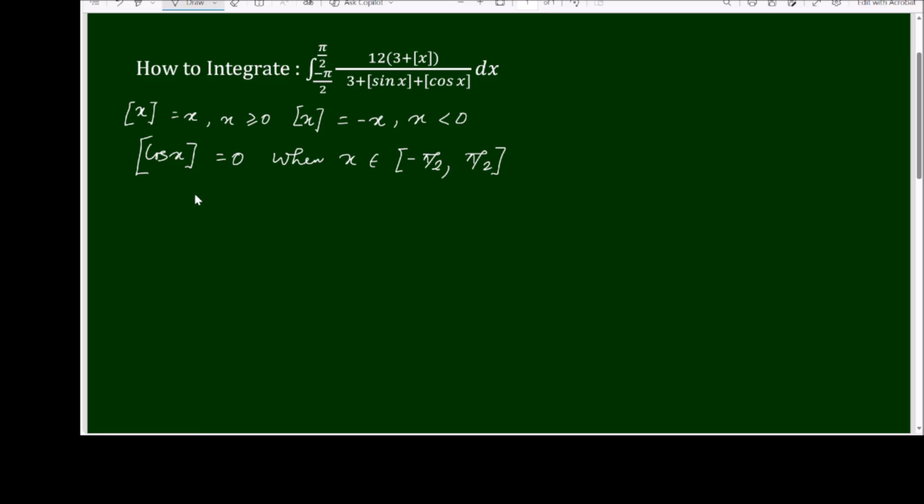And what about the greatest integer function of sin x? It takes two values: negative 1 when x is from minus pi by 2 to less than 0, and plus 1 when x is from 0 to less than pi by 2.